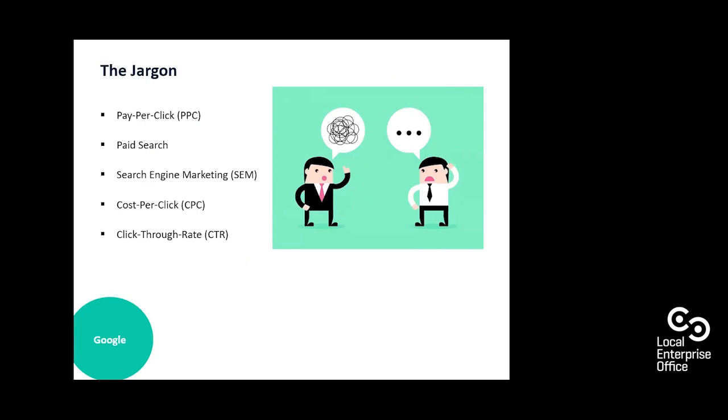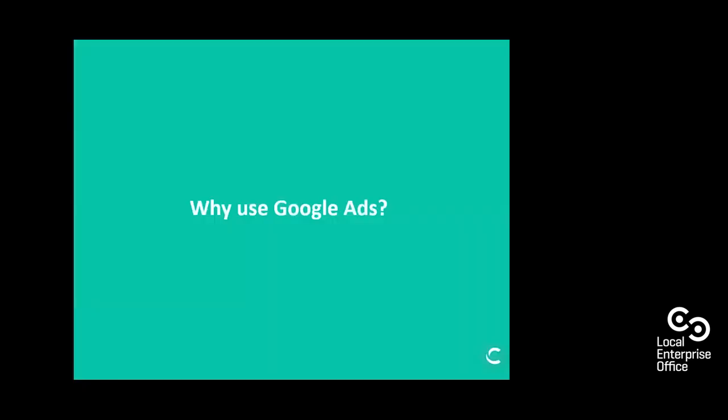Cost per click is the amount you pay per click to the website, and click-through rate is the percentage of people that click through. If your ad is shown to 100 people and 10 people click through onto the website, then your click-through rate is 10%.